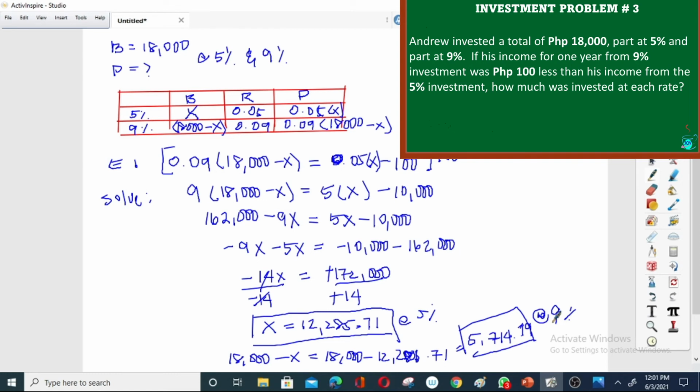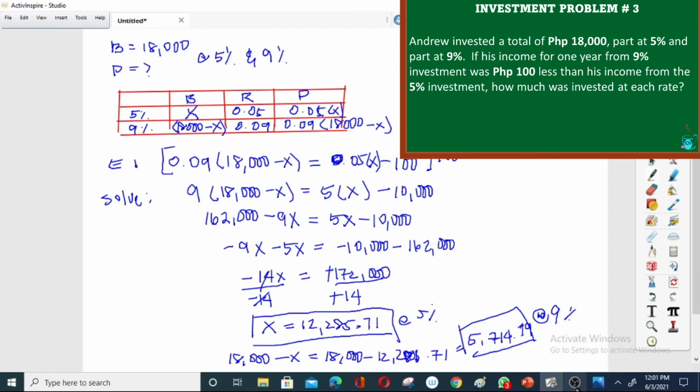Okay, so the difference is 100. So that is the answer: 5,714 and 12,285.71.